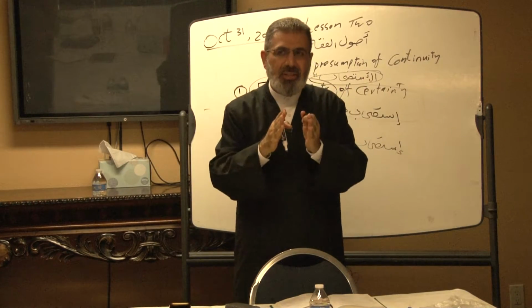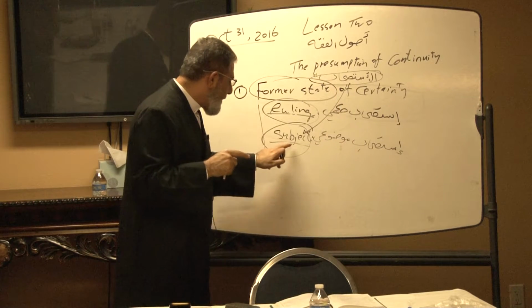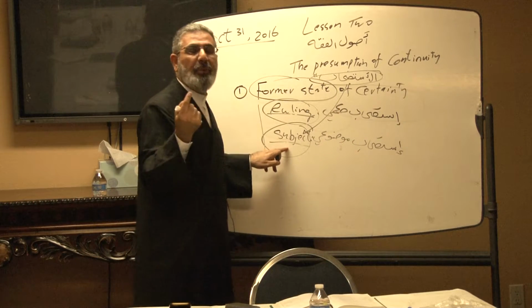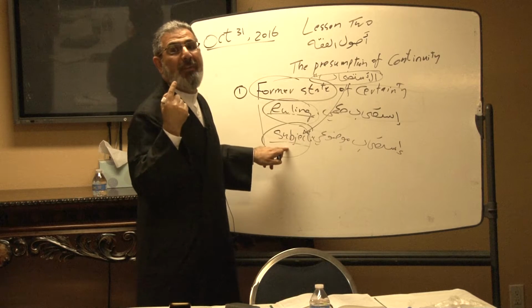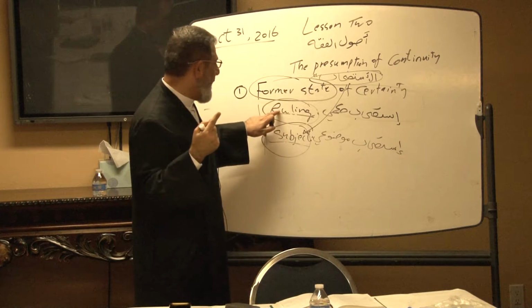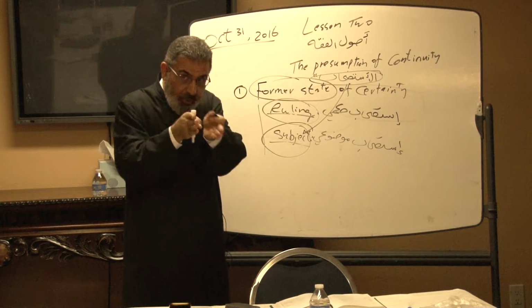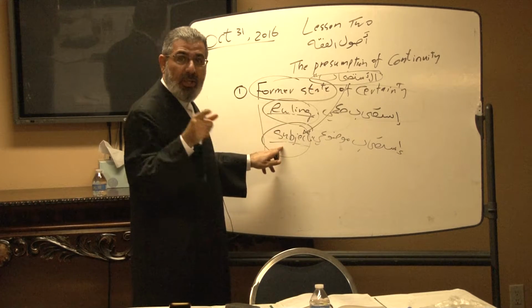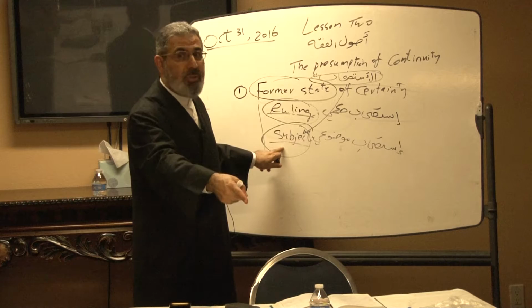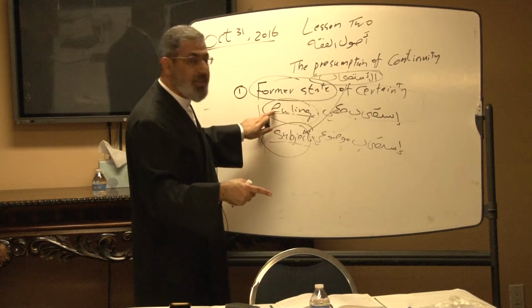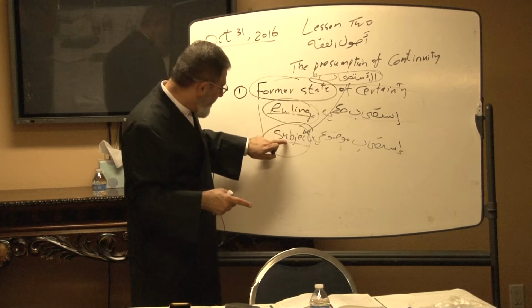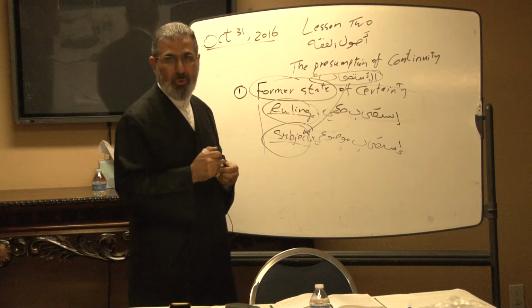It's not restricted. If you want to restrict it to just this one, you have to bring dalil. If you don't have evidence and proof, then it's absolute. If you want to narrow it only to the subject, you have to prove it. Since you don't have dalil, then it is absolute, so it encompasses this one plus that one, 2.